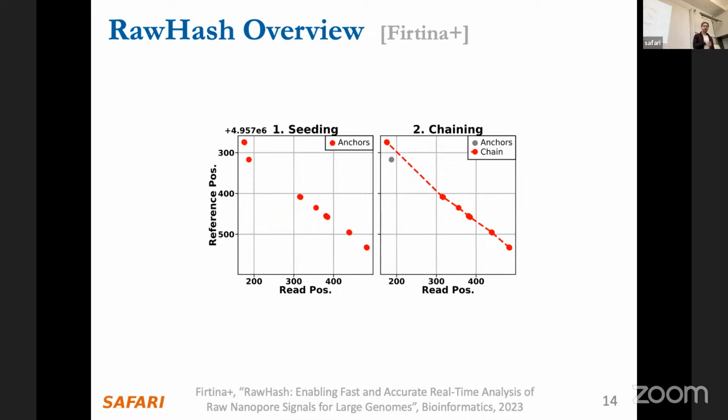If we visualize this in a slightly different way, one could show RawHash something like this. On the x-axis, you can see positions in the read. The read is a string, for example, or a floating point array, I guess. And on the y-axis, you have the reference position.